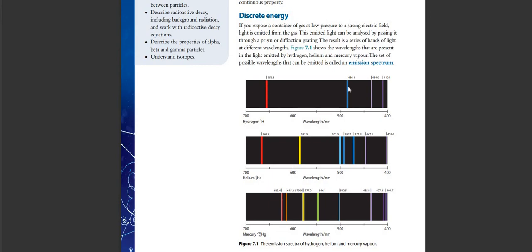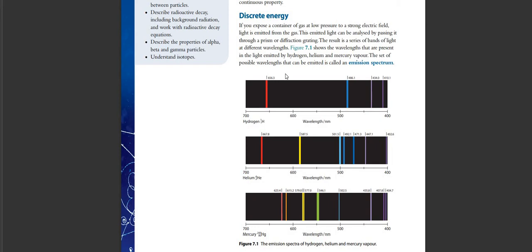These bright lines that you see are the colors that are emitted by, in this case, a hydrogen atom when it's excited. So when it transitions from, let's say, n equals 2 to n equals 1 state, it releases a photon with the wavelength of 656.3 nanometers, giving us the red color.